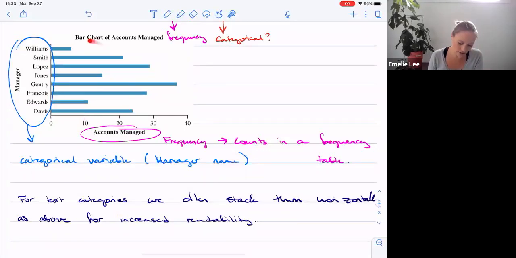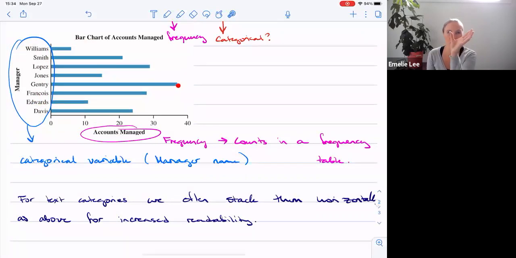Another thing that we would do to alter this graph, so this would be the default graph, is potentially have some sort of order to the manager names, or arrange it by the bar height.